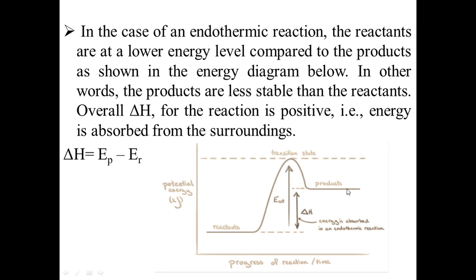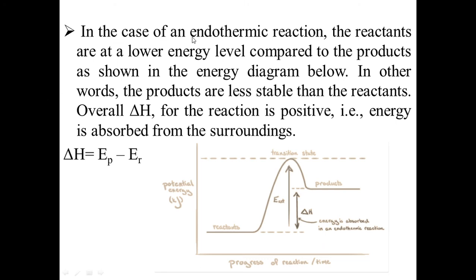These products are less stable. The overall change in enthalpy, delta H, is the energy of products minus the energy of reactants. Therefore, delta H is positive. This is the energy diagram of an endothermic reaction.